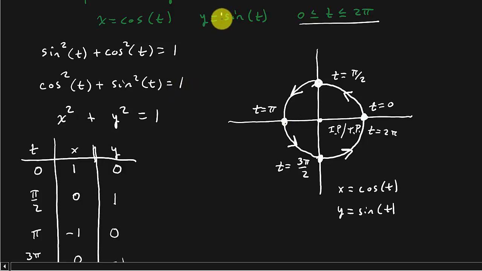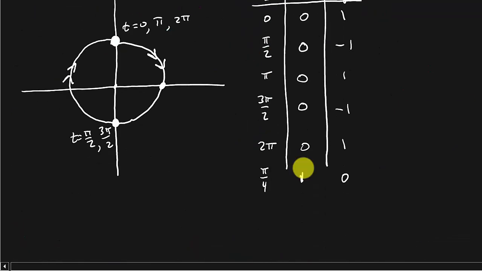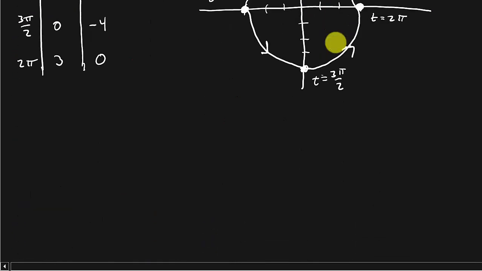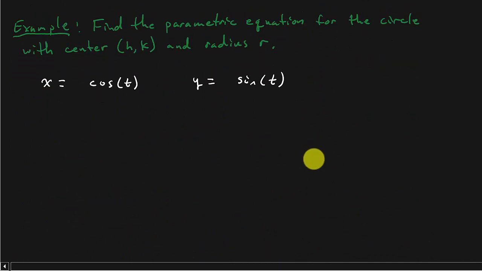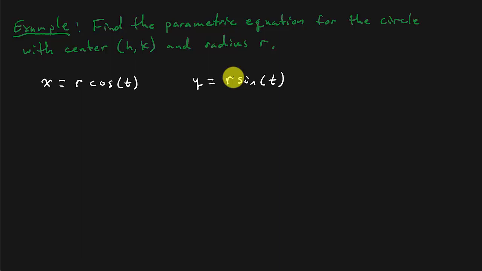And one thing I noticed here: there's a 1 in front of each of these. They want a radius r. So what if I multiply the sine and cosine by r? Let's just see what that would do.